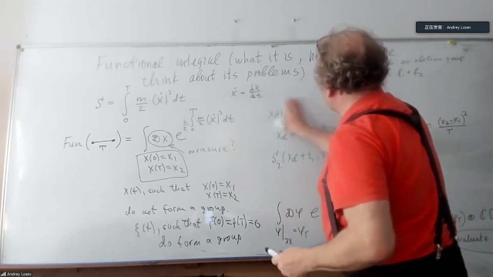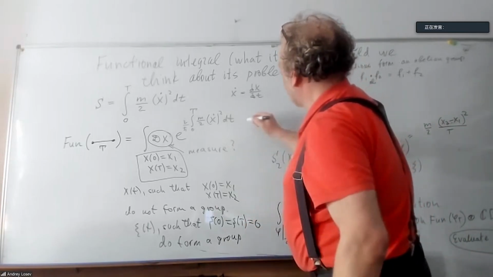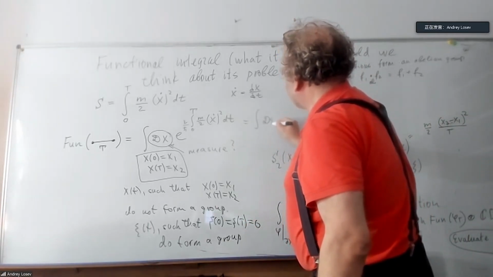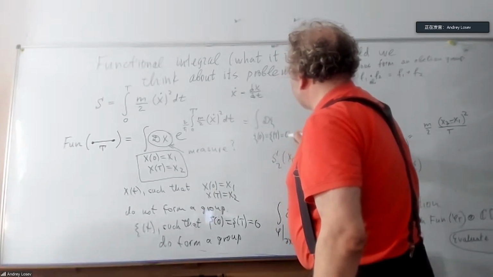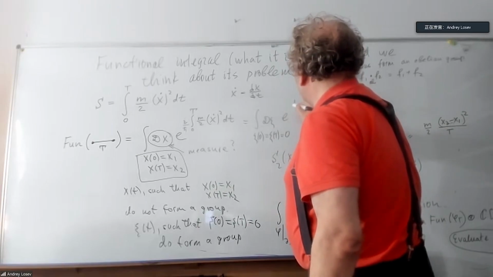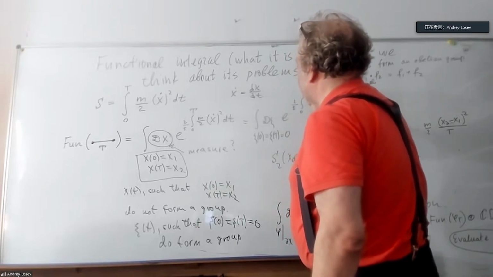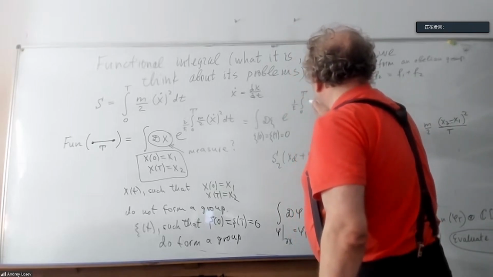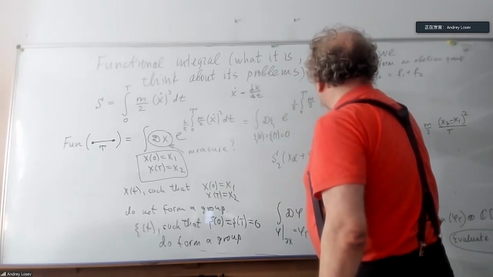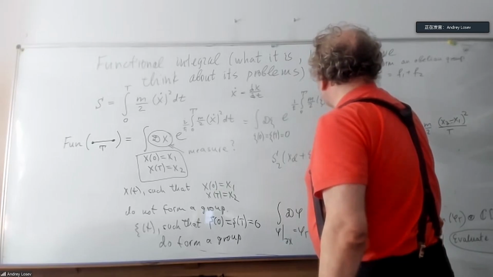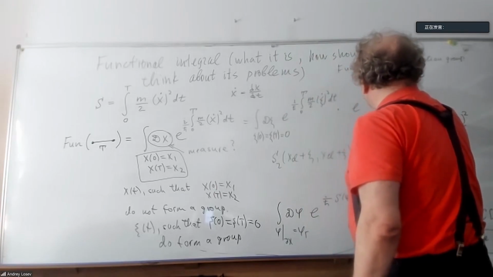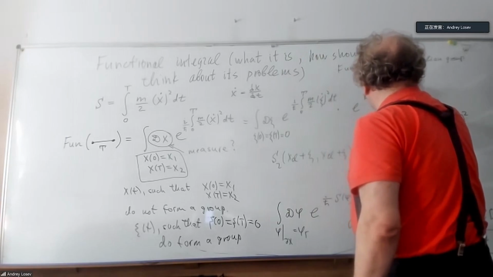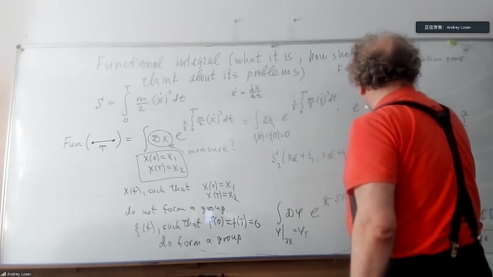Now I plug it here to get the integral over d psi, once again with psi at 0 and psi at T equal to 0, e to the i over h bar, integral from 0 to T of m over 2 psi dot squared dt, times e to the i over h bar m times x2 minus x1 squared over 2T.